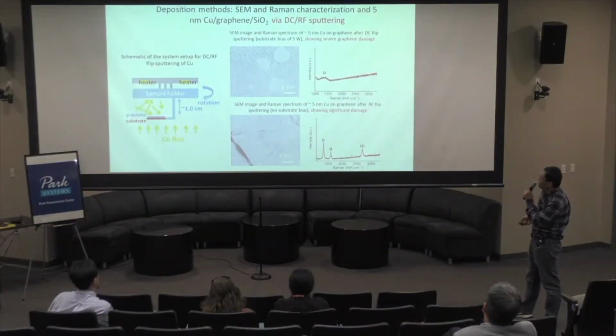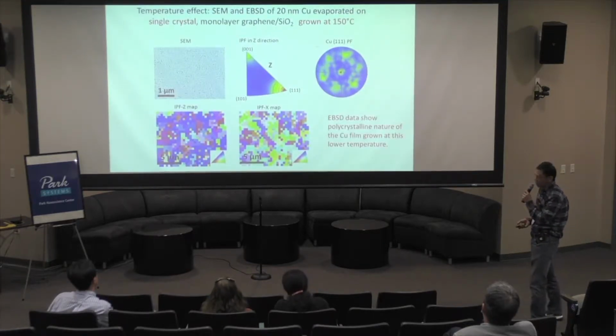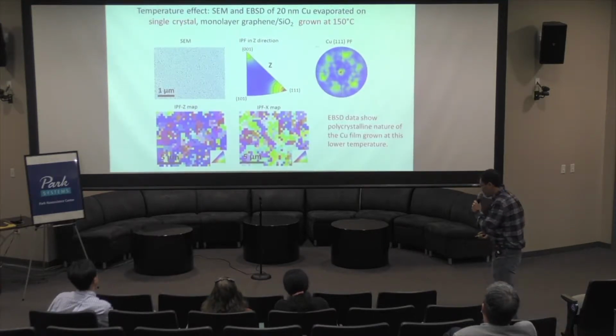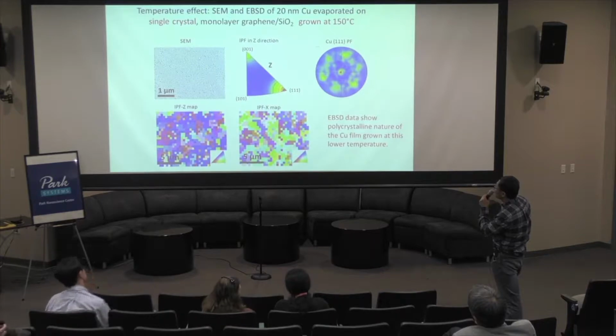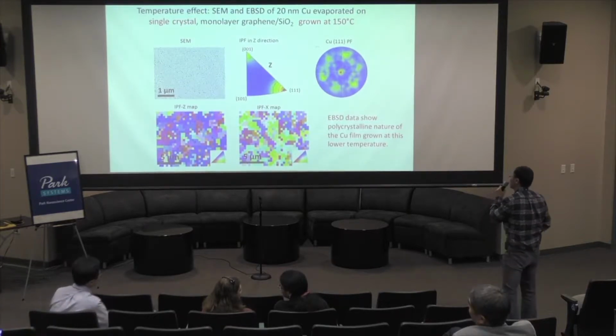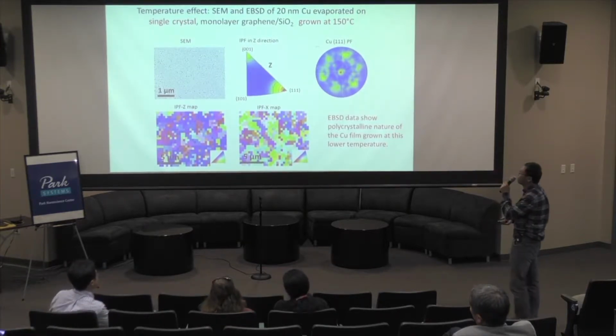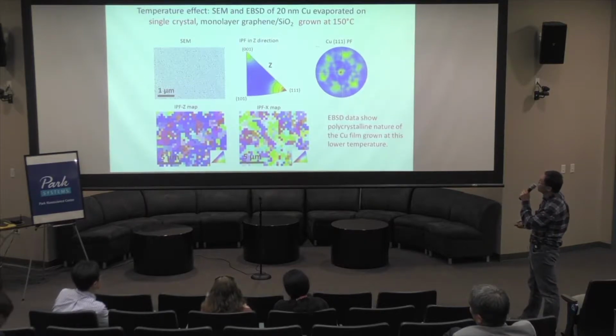So in the following work, we use thermal evaporation to achieve the copper depositions. We also investigated the temperature effects, at which temperature we get good epitaxy of copper deposition on the graphene surface.